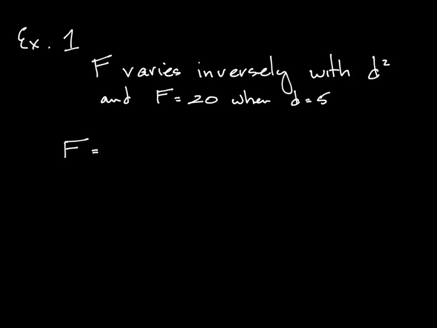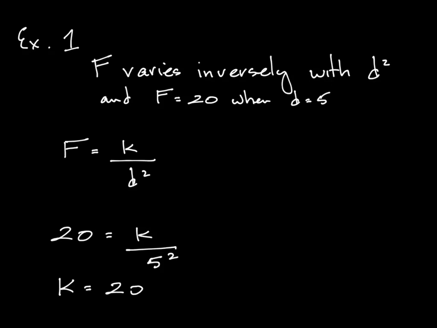In this case, we have f equals k divided by d squared. We'll substitute in the values we have for f and d. So we get 20 equals k over 5 squared. We'll multiply both sides by 5 squared, and we get k equals 20 times 25, or 500.